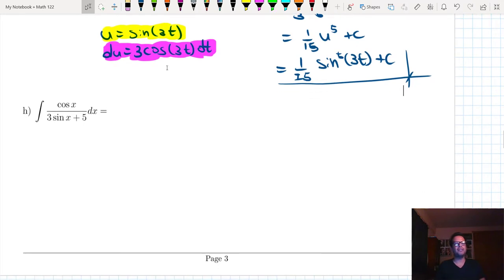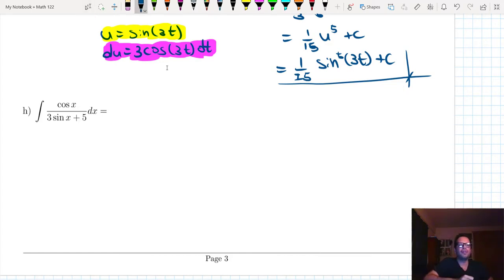All right, let's look at letter H. Letter H, well, what are we going to have? So typically when you set a u/du substitution, you typically look for the most complicated part of the integral to be your u, right? And determine whether the rest of the integrand is potentially the derivative of what you choose for u, right?